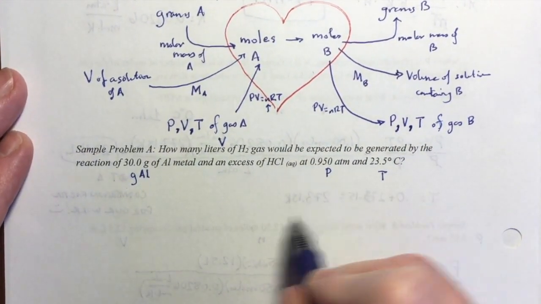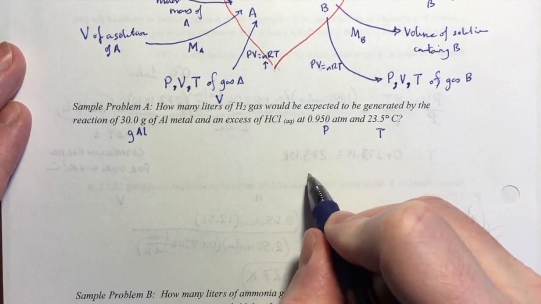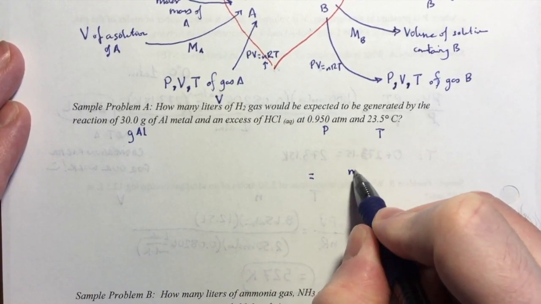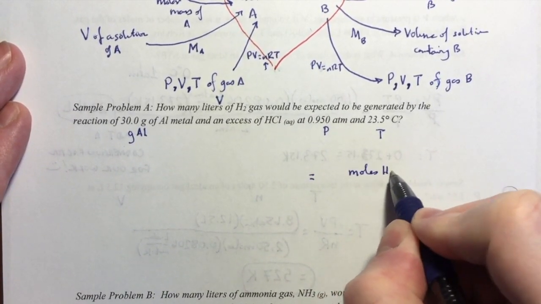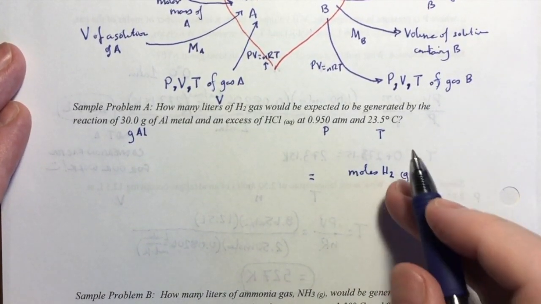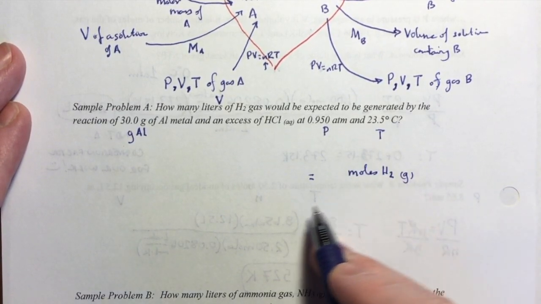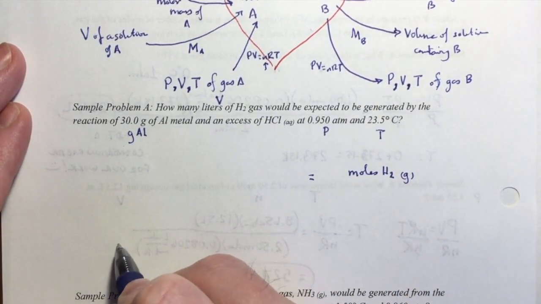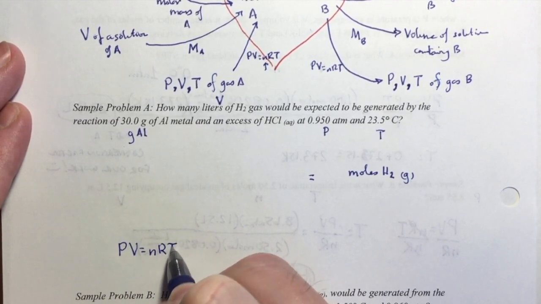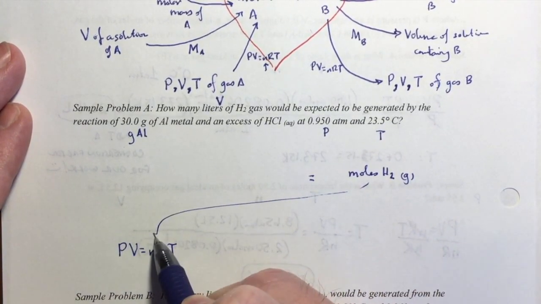So my first calculation here is going to be a stoichiometry calculation, and the goal here is to get the moles of H2 gas. After I get the moles of H2 gas, my second calculation is going to use PV equals nRT, and I'll take that number and plug it in down there.